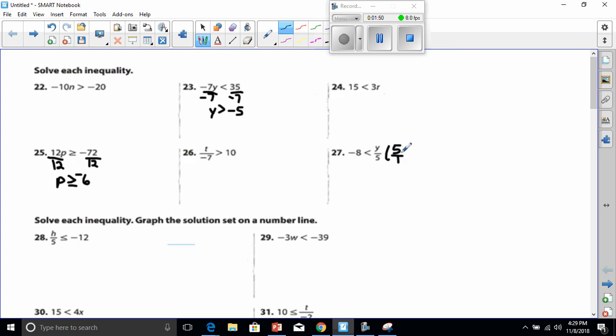Notice it is not a negative number that I'm dividing by, so I'll multiply -8 by 5 over 1. -8 times 5 is -40. And my symbol gets to stay the same because I'm not multiplying by a negative number. So 40 is less than y.